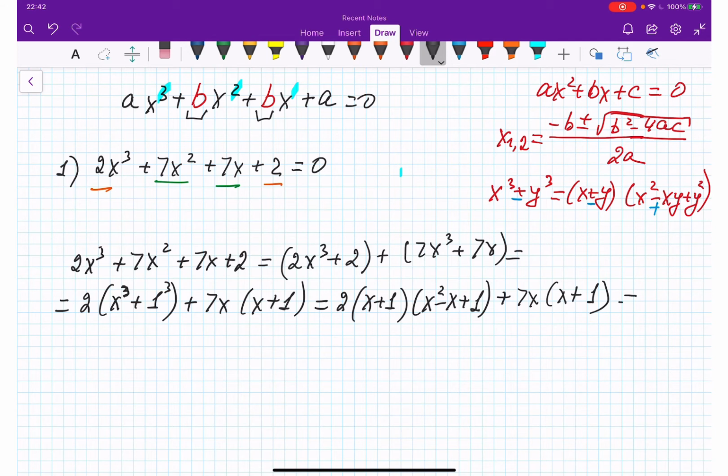All right, so from here, what is going to happen? Look, I have a common factor x + 1.